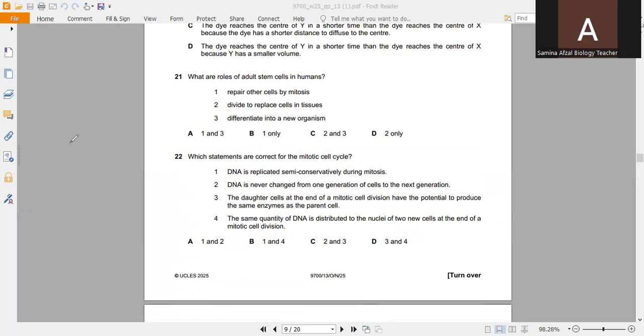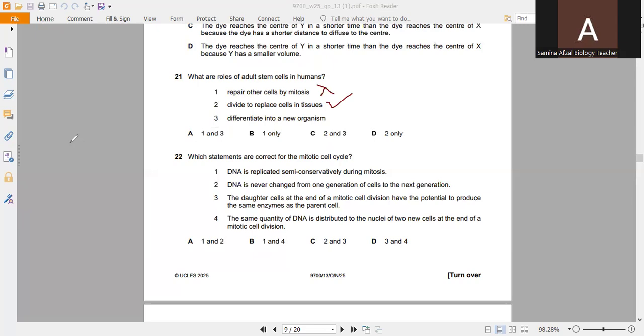No, they do not repair. Mitosis is a process of cell division that creates entirely new cells. It does not patch up or repair existing damaged cells directly. Divide to replace cells and tissues? Yes, this happens. This is the core function of adult stem cells.